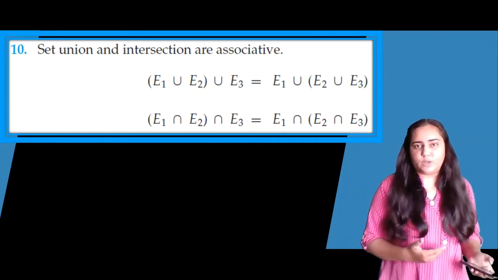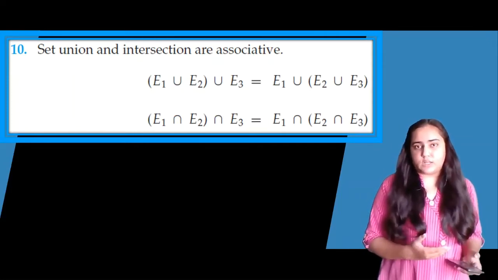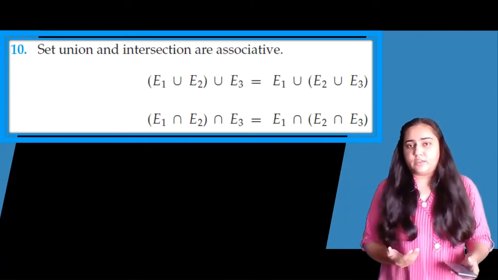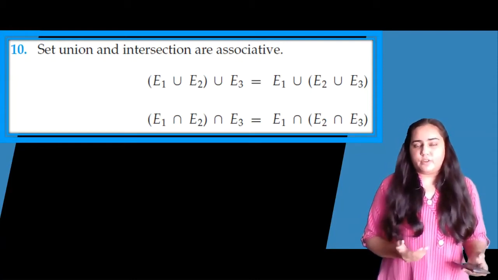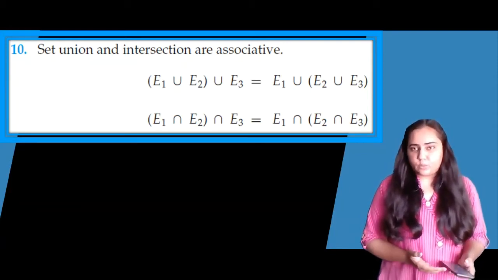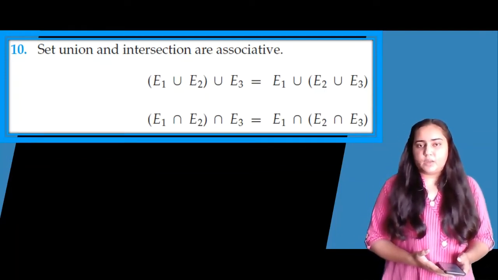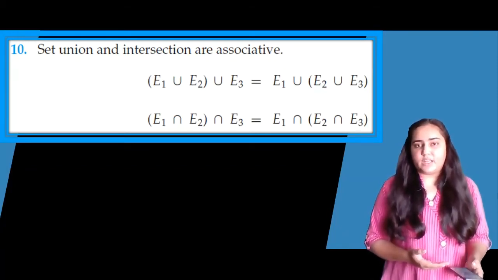When I'm doing E1 union E2 first, and then taking a union of this result with E3, I can get the same result if I take E2 union E3 first and then perform the union of that result with E1.